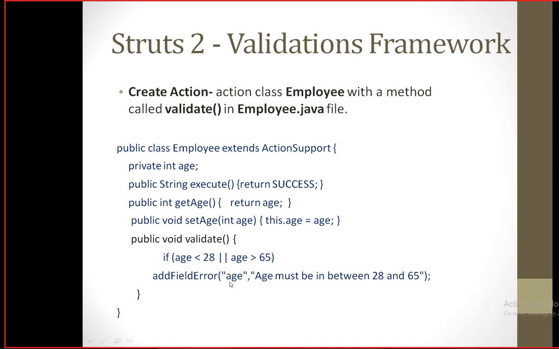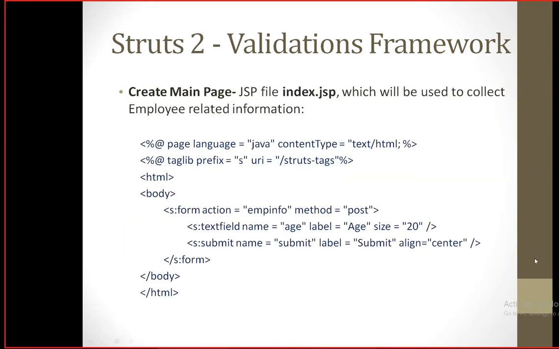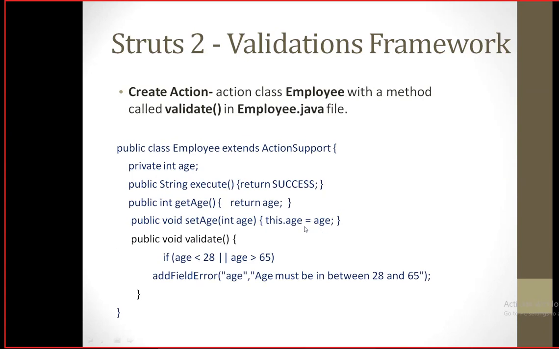Whichever field error we want to diagnose, the name of that field is to be mentioned here. If you see here, the name of the field was age, right? So we are passing age as the first argument, and whatever error message we want to print if the age is not in the given range is passed as the second argument to this addFieldError function. So if the age is not provided in the given range, this message will be printed in the age field. This is how we can perform validation in the Struts framework.